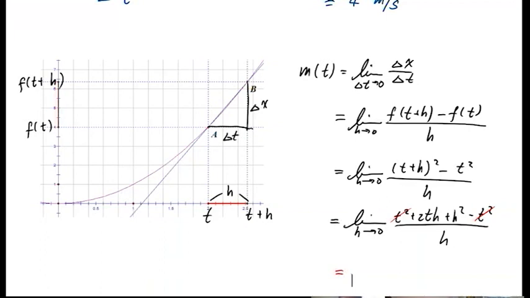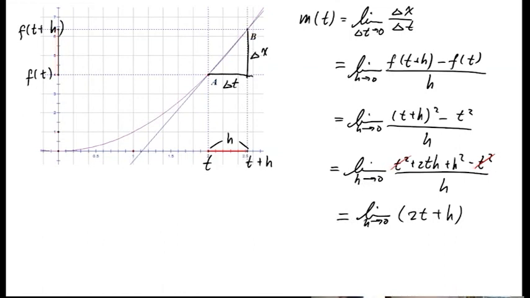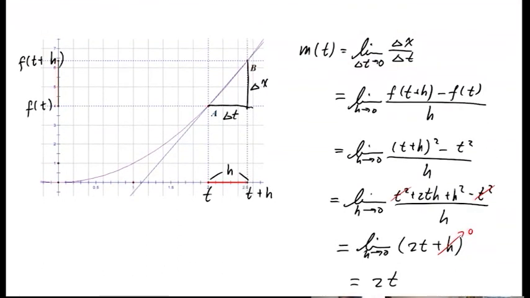Factor out one h and cancel it, and then h dies, so we have 2t. Since this is a function, for any t value, it tells you what the slope is.